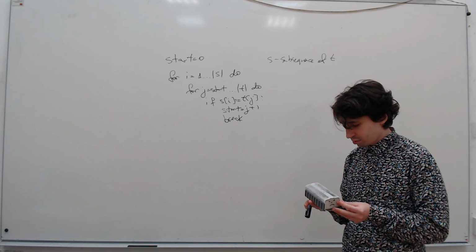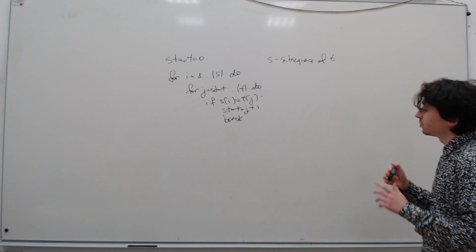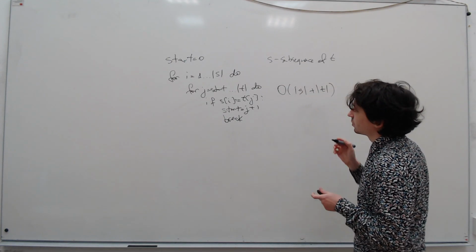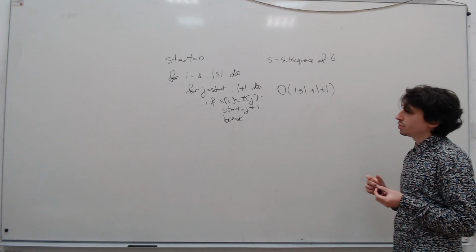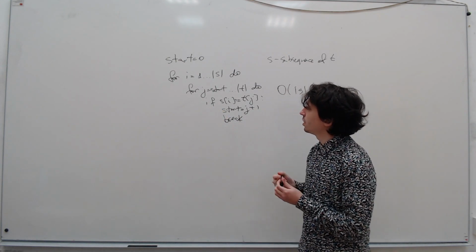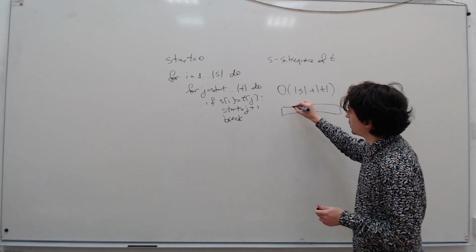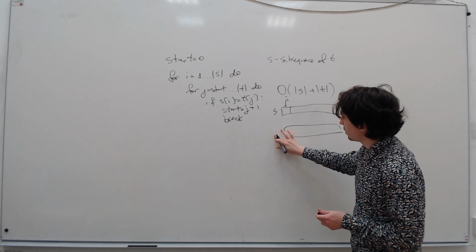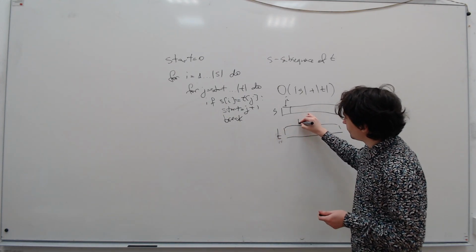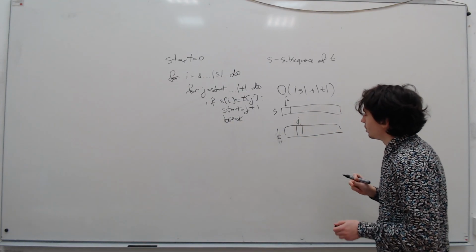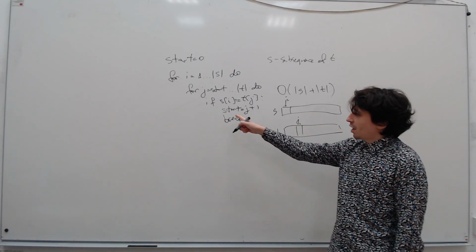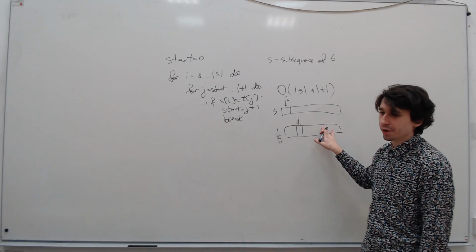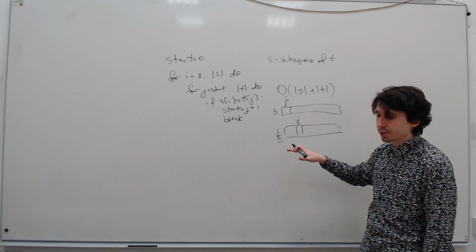S plus T. Yeah, it is S plus T. Please note that you have one iterator i that goes through the string S, and another iterator j that goes through string T. In the second loop, j only moves forward. It never moves backwards. So it only increases by 1.